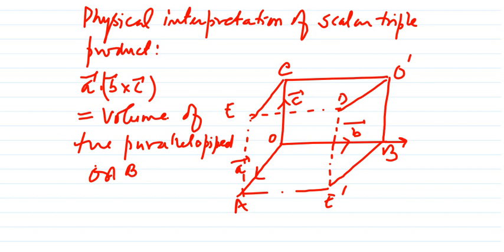You can say OA, OA, E dash, E, O dash, C, A. So the volume of this parallelepiped, we have to prove this.